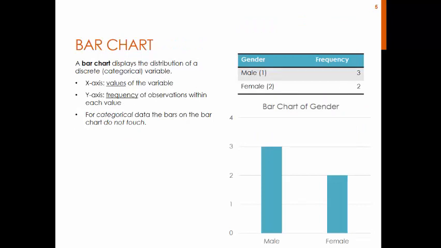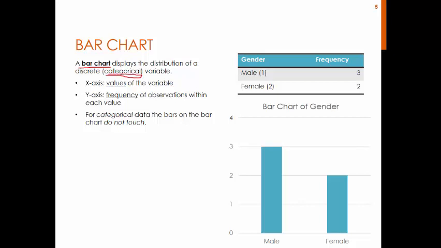The categorical data can be displayed with a bar chart. Now you may think this also looks like a histogram. Is this the same as a histogram? It's not quite the same, but I'll talk about the histogram in just a moment. For now, we'll stick with a bar chart for categorical variables.